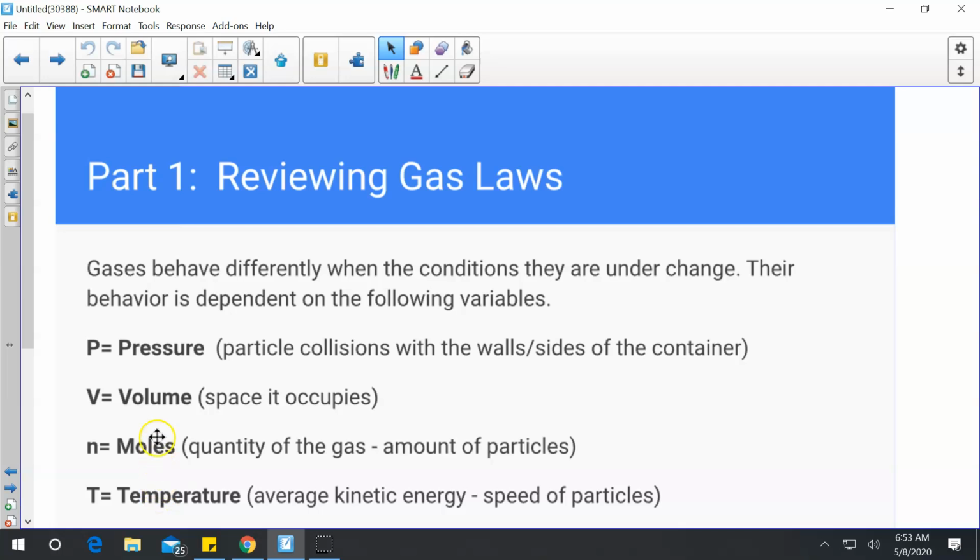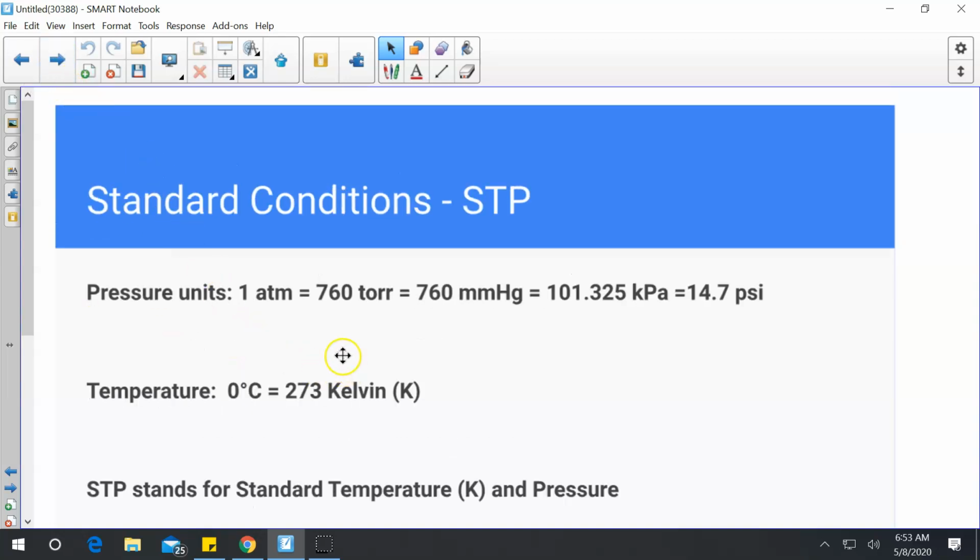When you change any one of these variables, it has an effect on changing other variables, and so we learned the gas laws. A couple other conditions we need to remember. Standard conditions, or STP, has to do with pressure at 1 atmosphere, and we do have different units for pressure, so we need to be able to convert from one to another if needed.